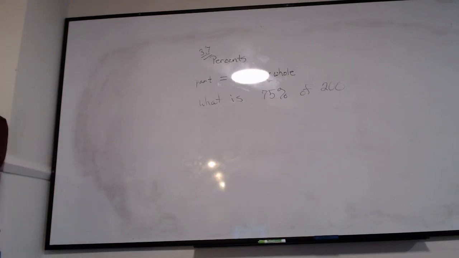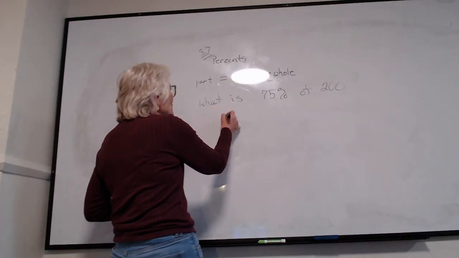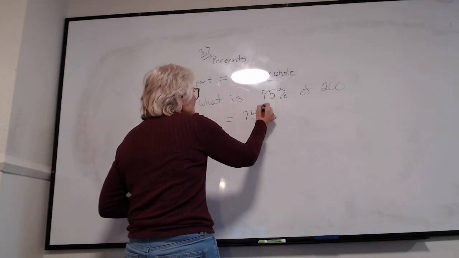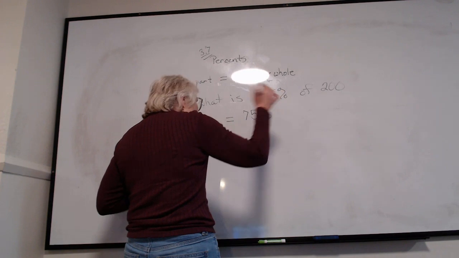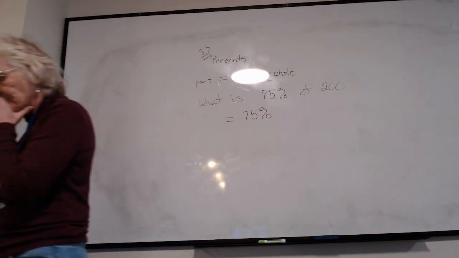The percent is always the one that has the percent sign on it, so that's the easiest to find. I'll just guarantee you that. So I'm going to write 75%. And the whole is 200.